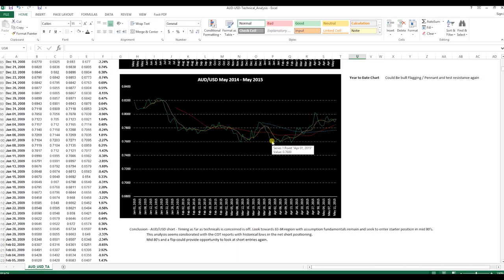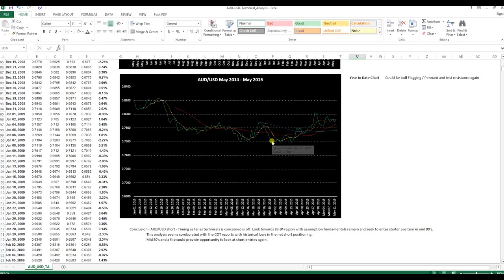So the language we use might be a bit confusing. When we look at the net short positioning, the net short positioning was actually on historical highs, but the chart is on historical lows in terms of the net positioning chart itself, the negative number.